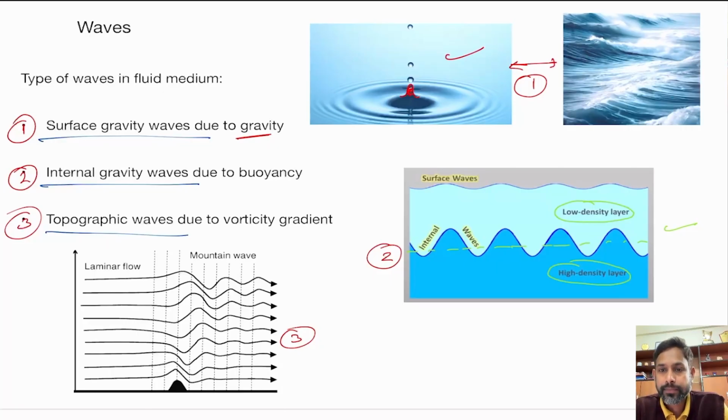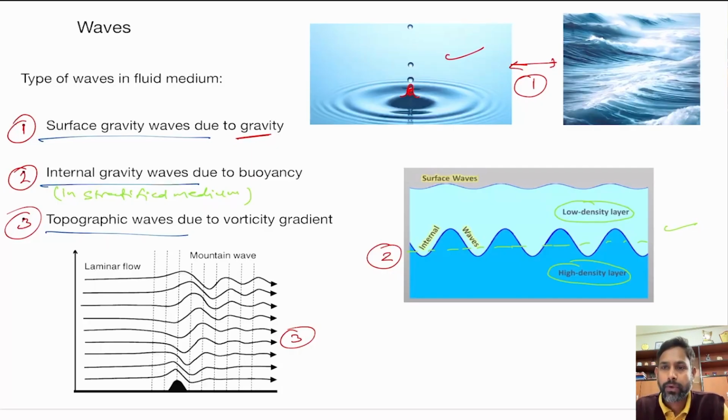And now when this disturbance comes in this layer, this actually creates a wave, and this wave is getting created inside the fluid, inside water, and that is happening because there is a layer of different density, right? So this particular wave gets created in a stratified medium, whereas in case of surface gravity waves, we don't really care about stratification.